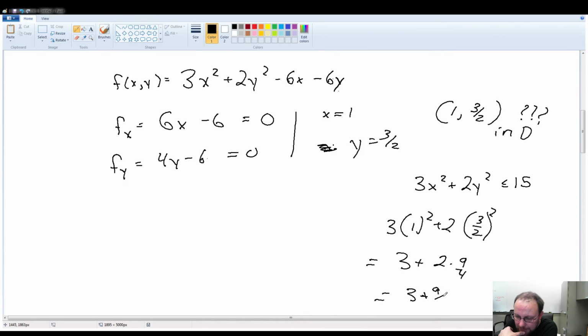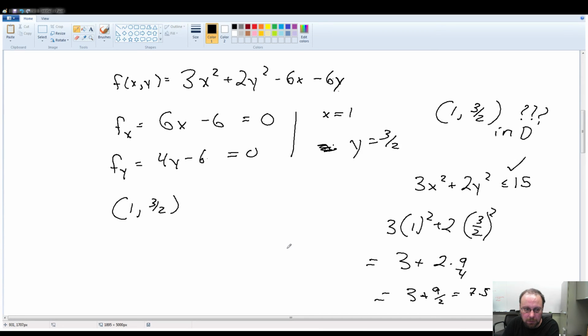Well, whatever that is, it's definitely less than 15. This is 7.5. That's definitely less than 15. So our inequality holds. We are inside of D. So we found a critical point inside of our region of interest.